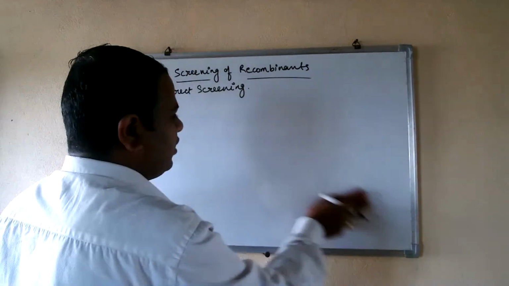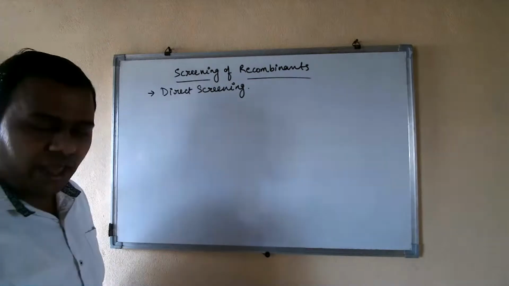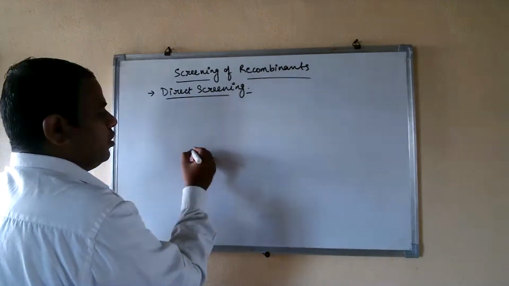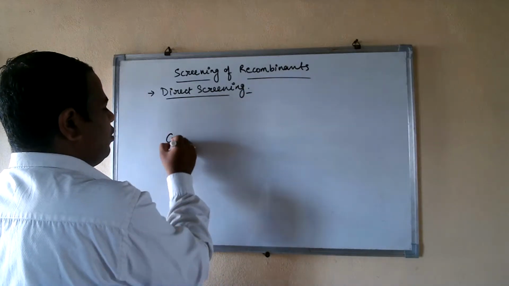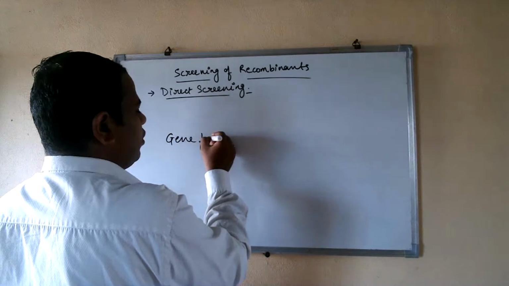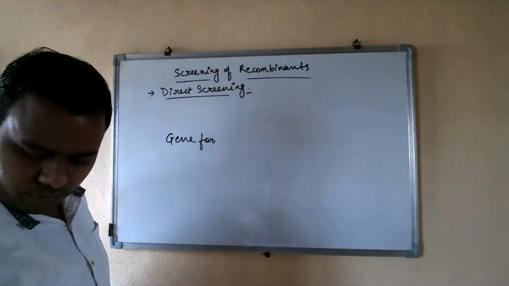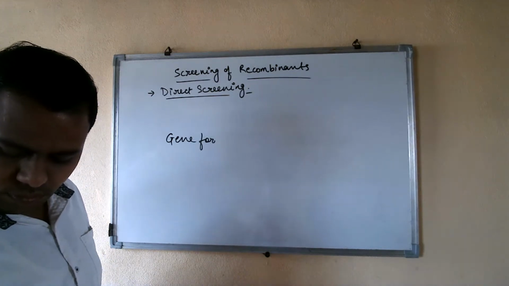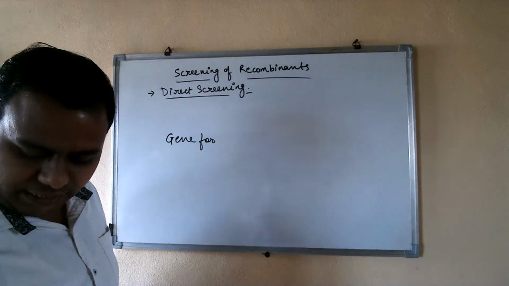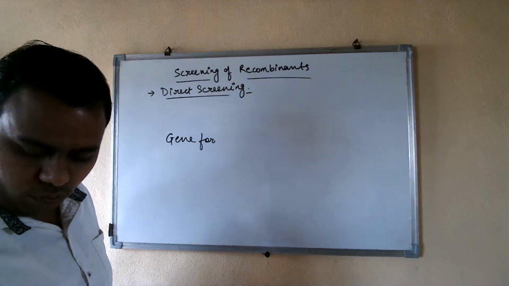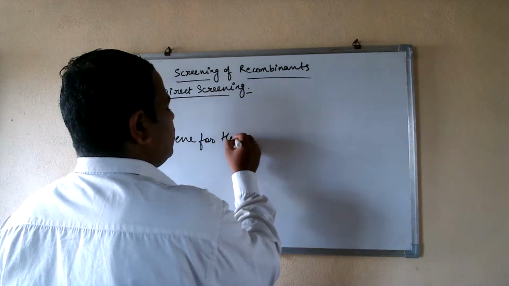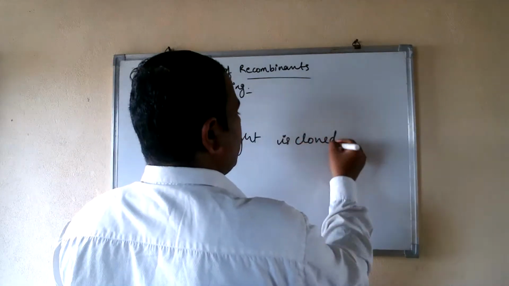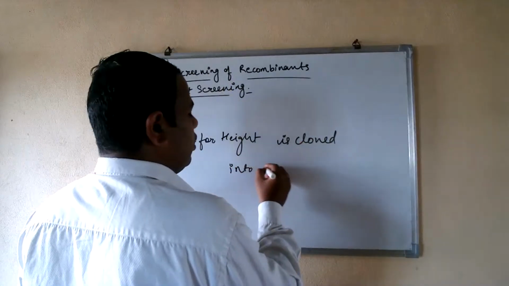For example, if a character is present due to a particular gene, suppose a gene for height is there. Suppose the gene for height is cloned into a plant.